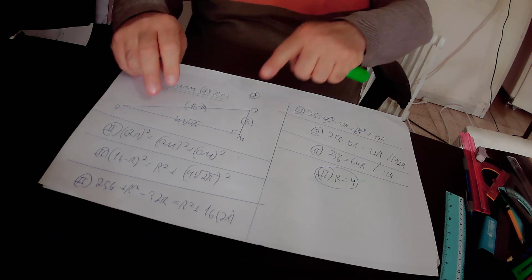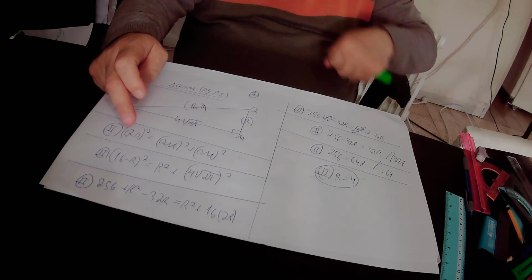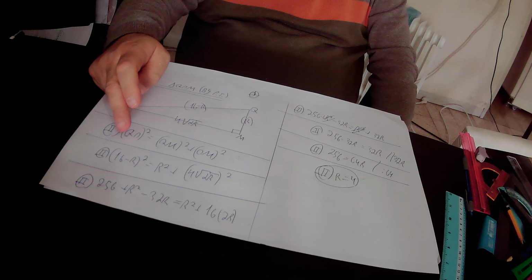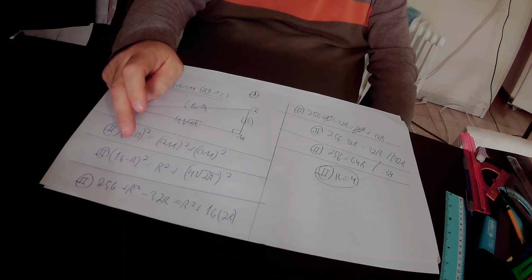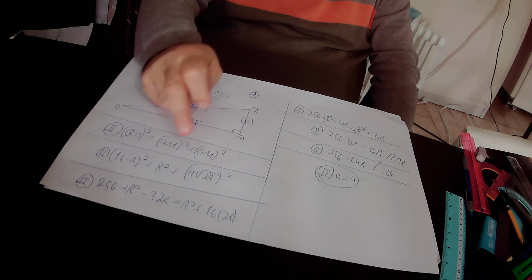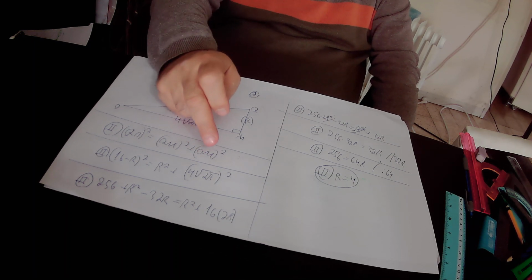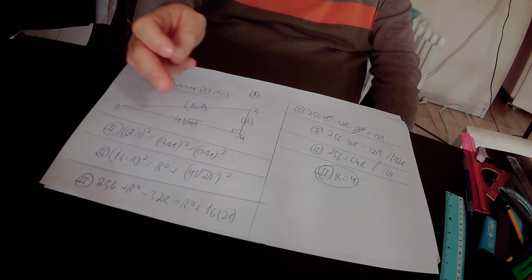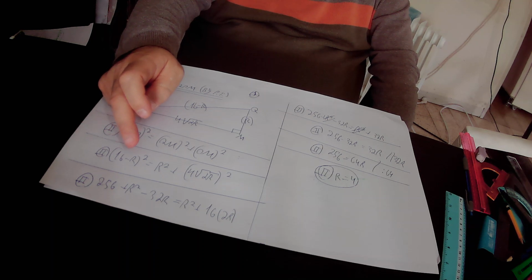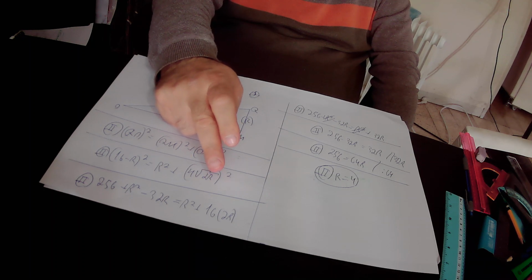So here, open the brackets on both sides of equation 2. We found out that (16 minus R) square equals 16 squared, that is 256, plus R square, minus 2 times 16, that is 32, times R. And it equals R square plus (4 times square root of 2R) square, which equals 4 squared, that is 16, and here the power cancels the root, and we are left only with 2R.